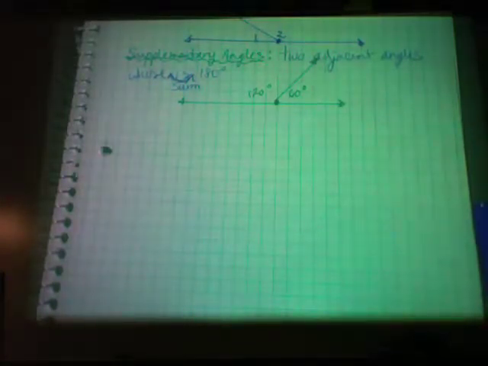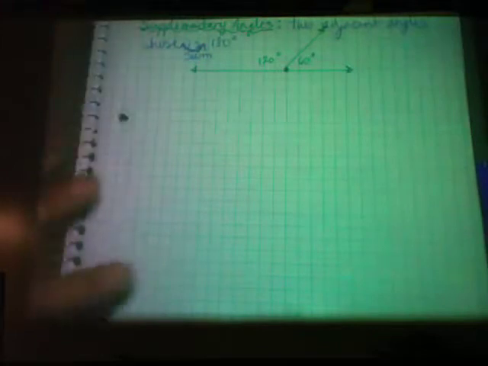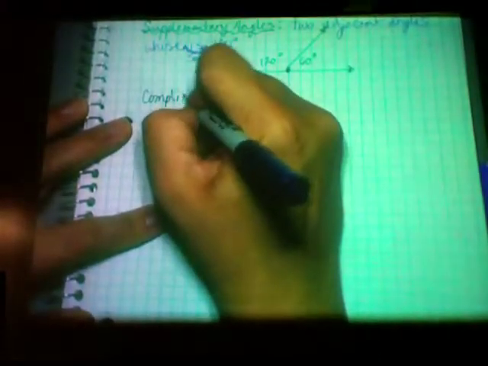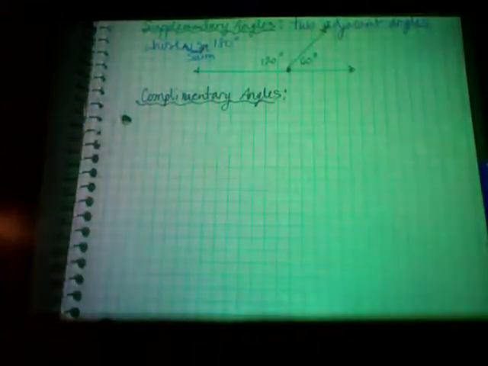Okay. Last definition is for complementary angles. And the definition is exactly the same as supplementary, but what do they add up to? 90.